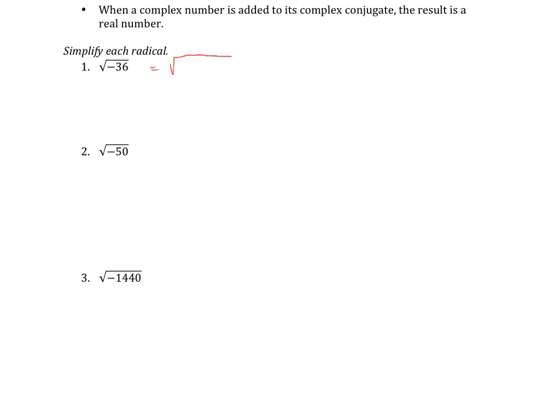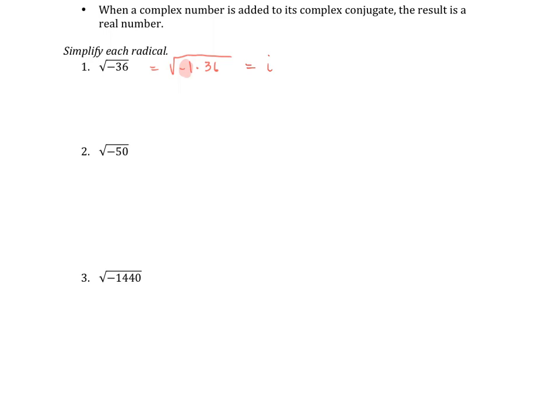If I wanted to rewrite this, I could rewrite it as the square root of -1 times 36. That is equal to -36, right? So that's the same thing. Now, the square root of -1, I just said above, is i. So I can take that out of the radical as an i.